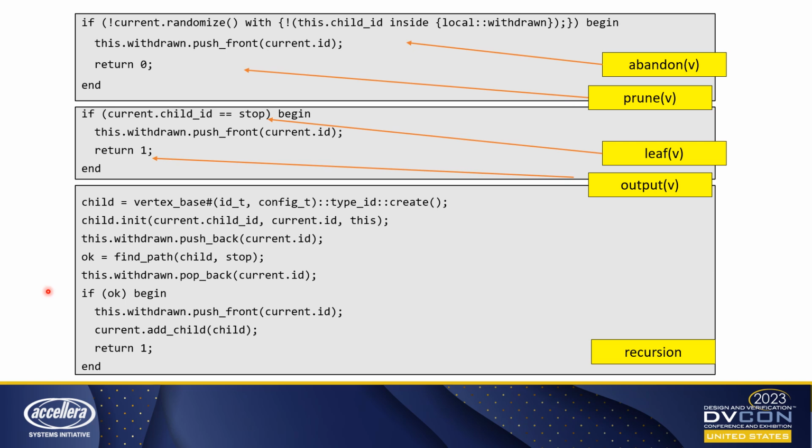If and only if we have succeeded in finding a path to a stop vertex, that is, we have randomized a complete branch, then we will add the current vertex to the withdrawn queue. We will commit that, so that it will exist for the rest of the recursive calls, and we add the randomized child vertex to the list of children in the current vertex, and we return 1.